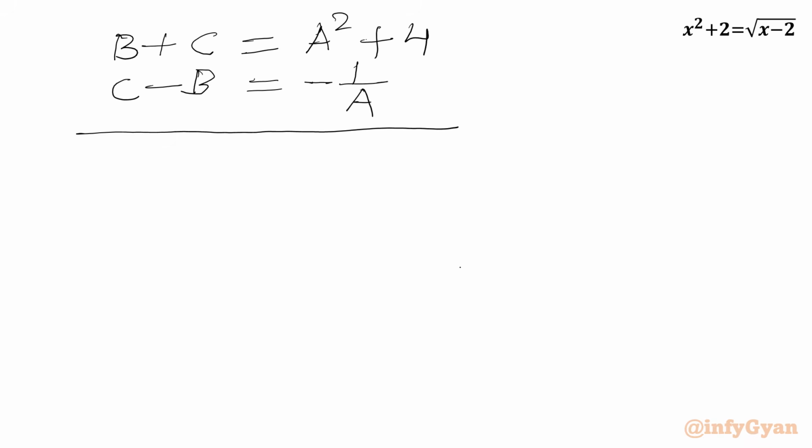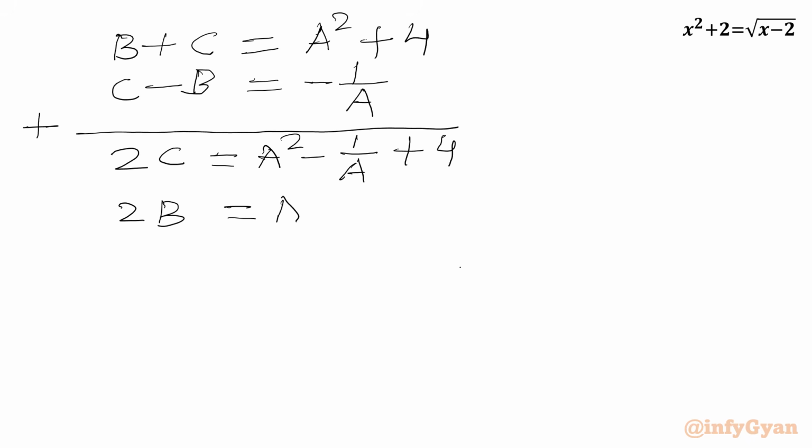Now we will be adding these two equations. So I can write 2c in the LHS and in the RHS we will write a square minus 1 over a plus 4. And if we subtract the second equation from the first one, we are going to get 2b equal to a square plus 1 over a plus 4.